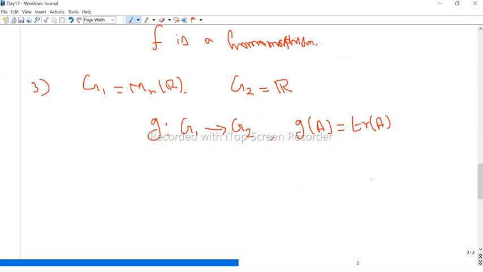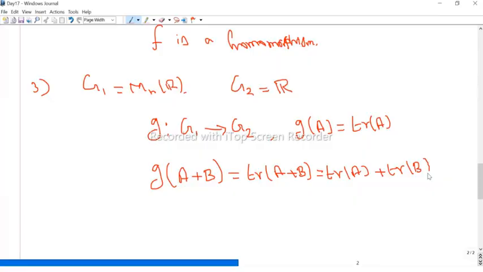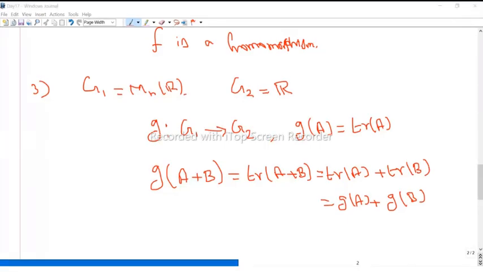Now we have to check whether this is a homomorphism. Here addition is the operation, so we have to take any two matrices A plus B. By the definition, g of A plus B is nothing but trace of A plus B. But by the properties of trace, it is nothing but trace of A plus trace of B. And trace of A is nothing but g of A, and trace of B is nothing but g of B. So this g also preserves the operation.